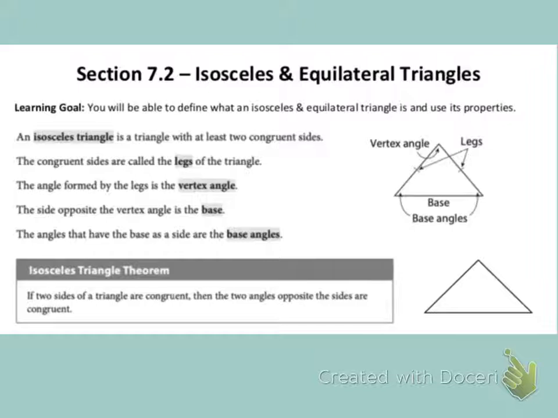Today's lesson, section 7.2, or module 7.2, is going to be focusing on a couple of kinds of triangles that we use these terms for quite often, and probably officially, at least in this course, defined what the terms isosceles and equilateral triangles mean.